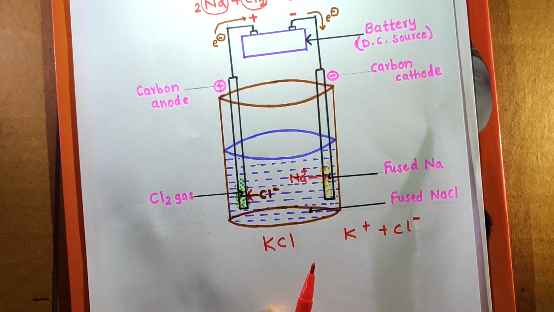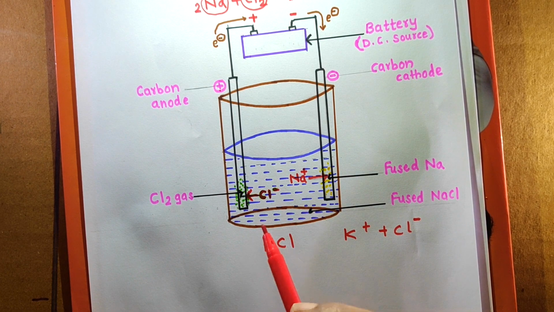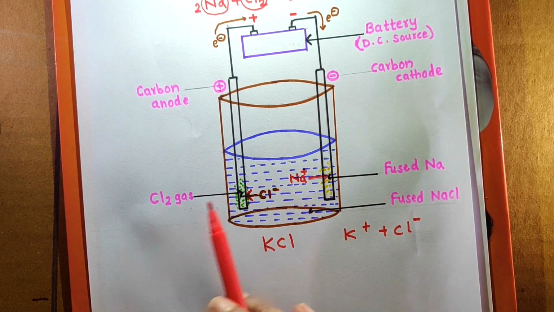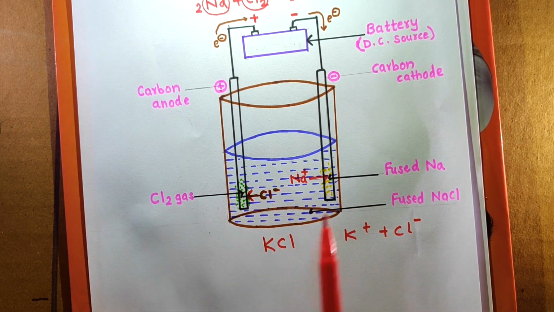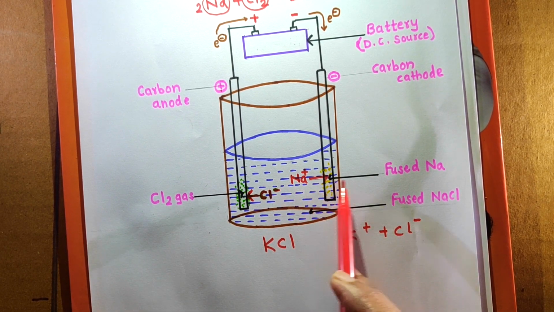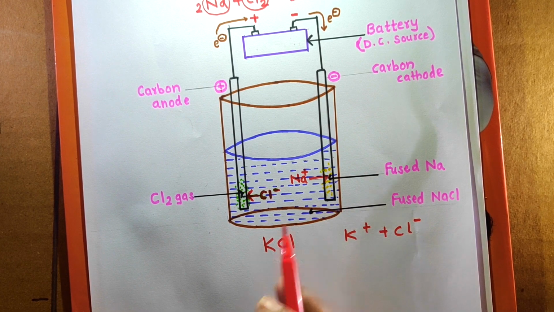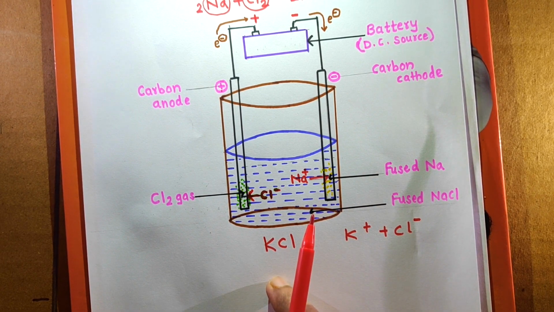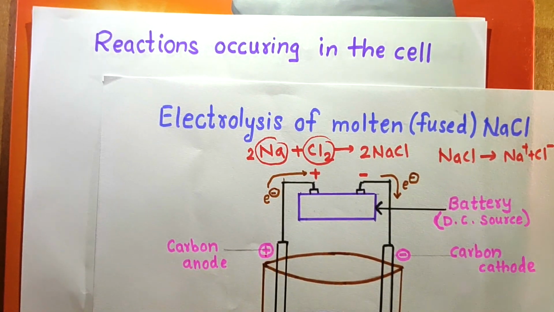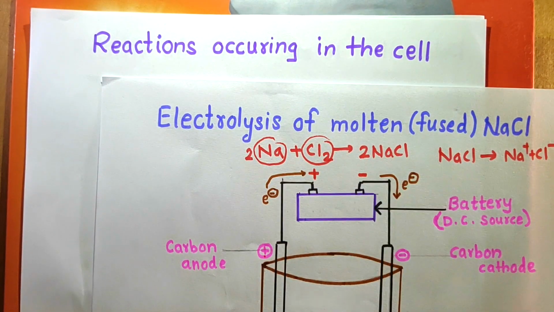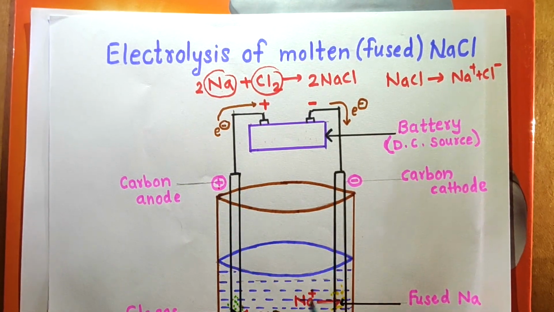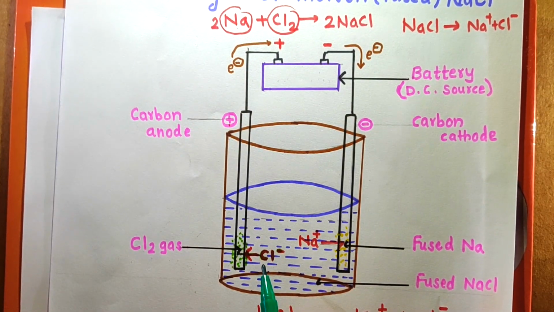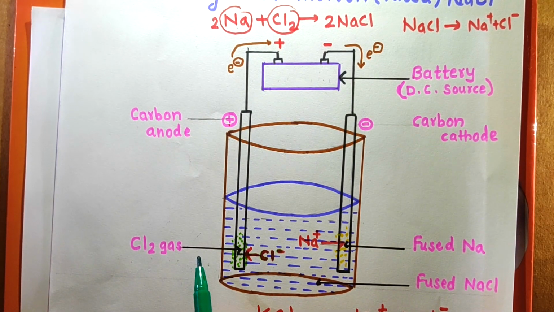Now we shall consider which are the chemical reactions. What is oxidation and what is reduction? You know how Cl minus ion is converted into Cl2 gas, how Na plus ion is converted into Na. What happens to the electrons, or what are the chemical reactions, we shall see here. Which reactions occur in this cell? We have said that at anode Cl minus ions are discharged to give Cl atoms.